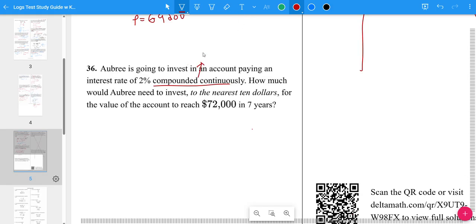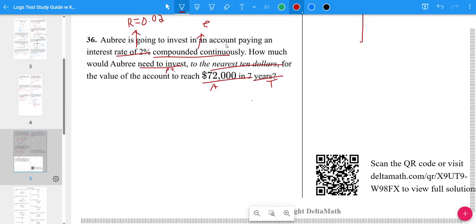So I've got to use the e equation. My rate is this. It's actually a little easier to type in. It's the nearest $10. How much would they need to invest? We don't know P. For the final amount to be this in 7 years. So my t is 7. So A equals Pe to the rt. I want my final amount to be 72,000. I don't know my principal, my P, so I've got e to the 0.02 times 7.